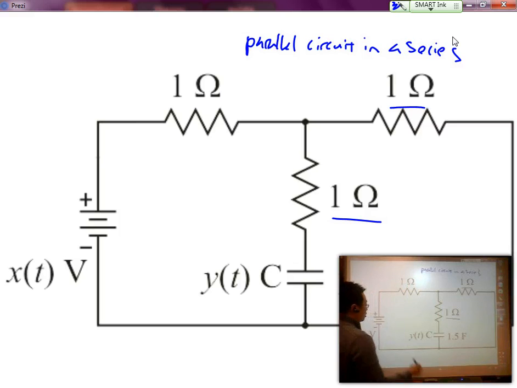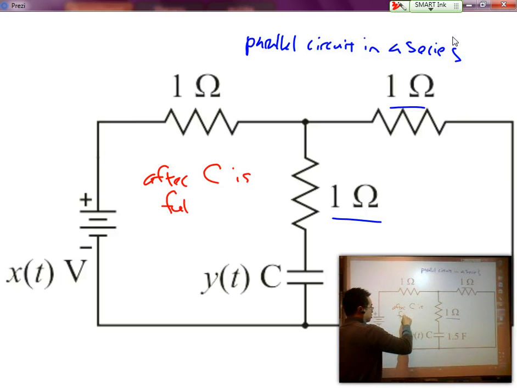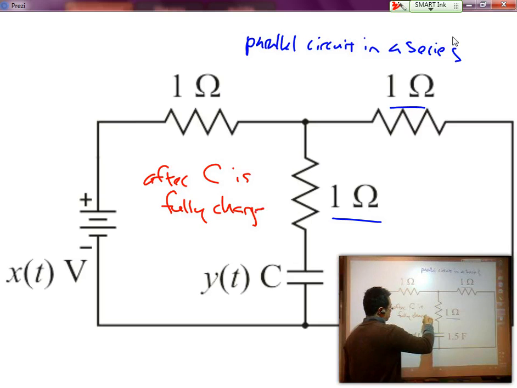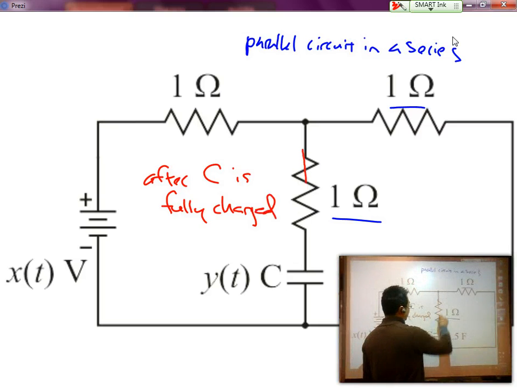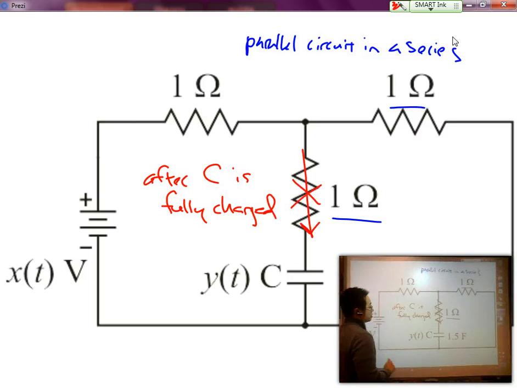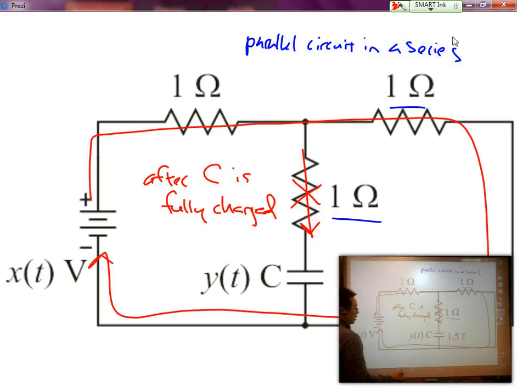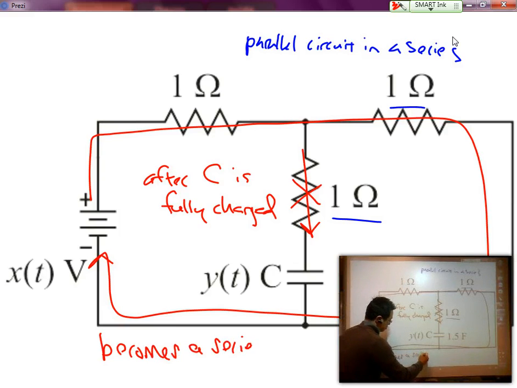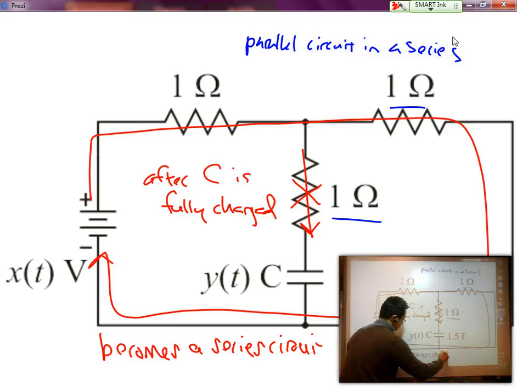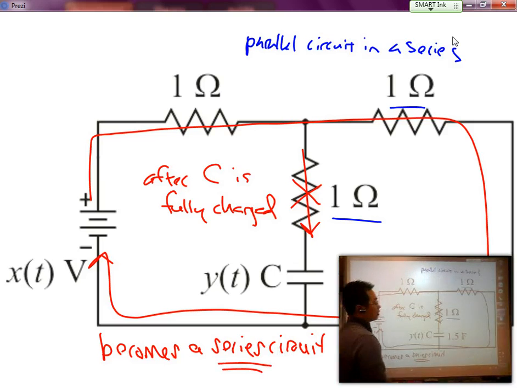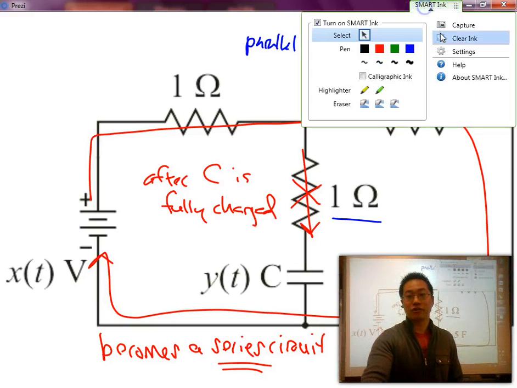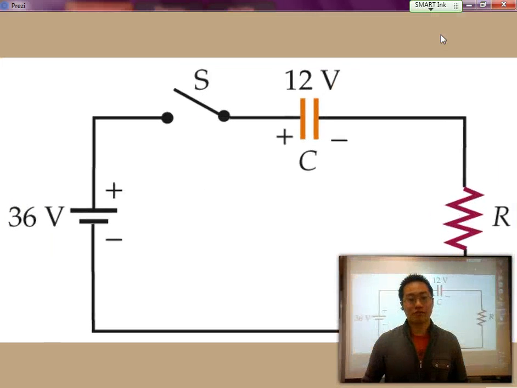But after it's charged for a long time, no more current can flow through the 1 ohm resistor. So now it's only a series circuit. Always keep in mind, whenever a capacitor is fully charged, it completely blocks off the current.